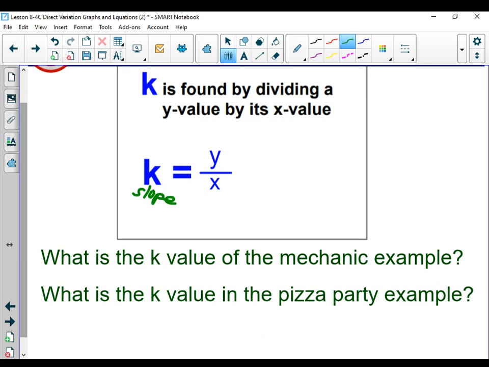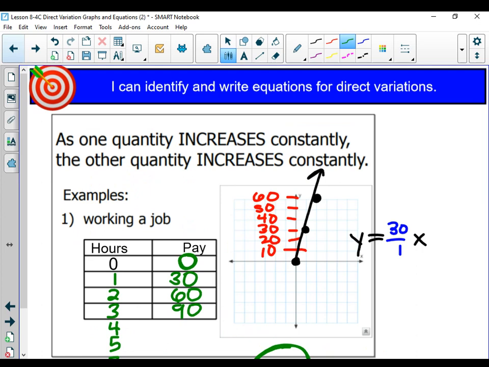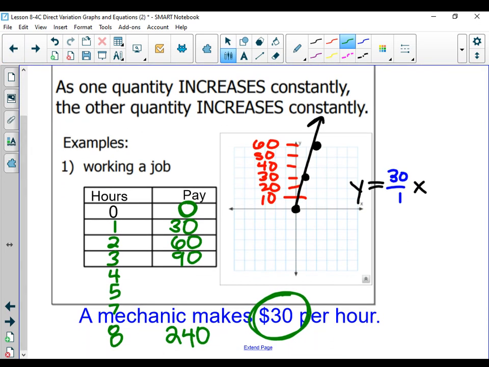If I think about that for Justin the mechanic, all I have to do is put a y number over an x number and I'll be able to figure out my slope.